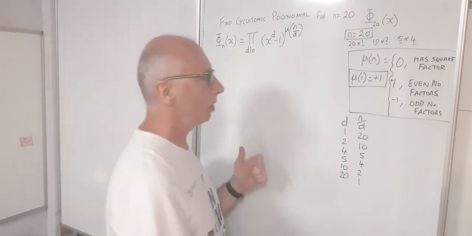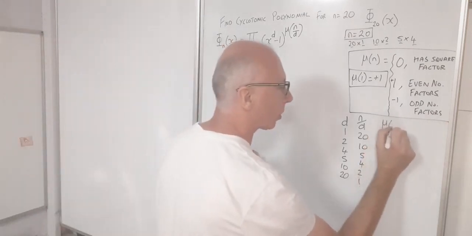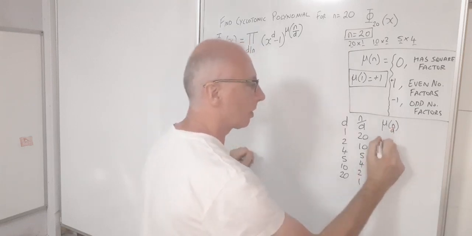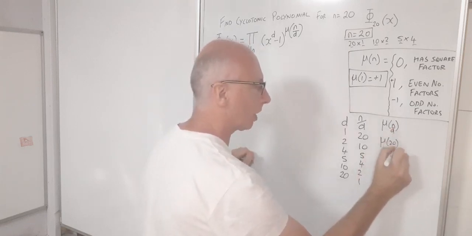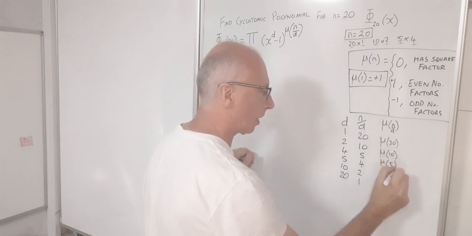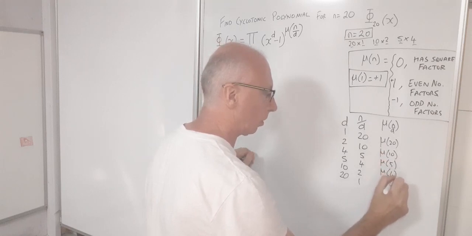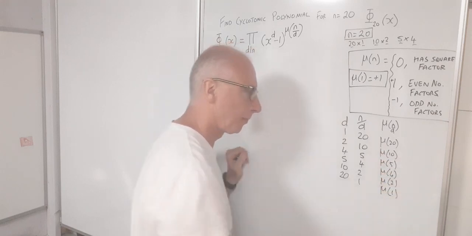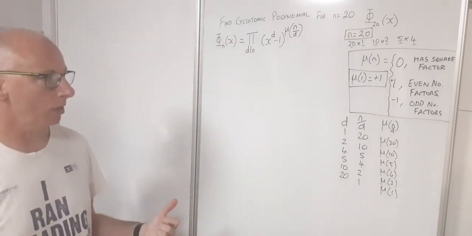Now what I need is the Möbius function of that value, n over d. So I've got mu of 20, mu of 10, mu of 5, mu of 4, mu of 2, and mu of 1. I need to evaluate those values.